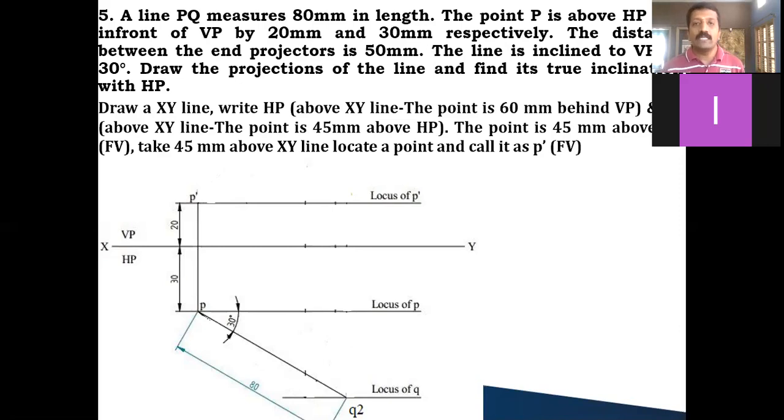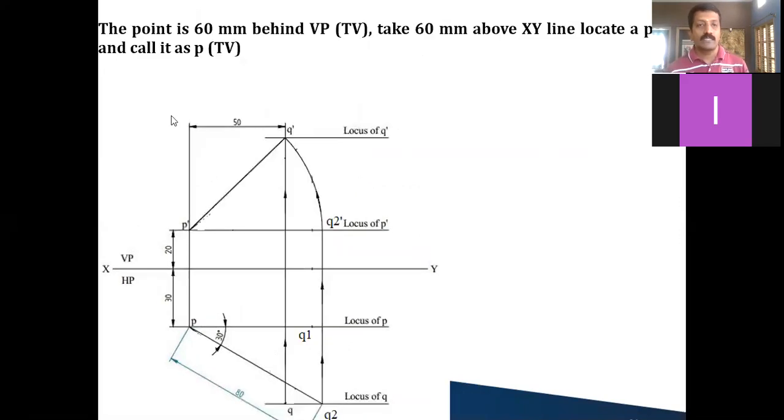Okay. Till here, almost all the data. So he has given one more data. What is that? The distance between the end projectors is 50 millimeter. So that is the distance between end projectors, which is nothing but this distance. So what is this distance? From P dash or P, you take a horizontal distance of 50 millimeter.